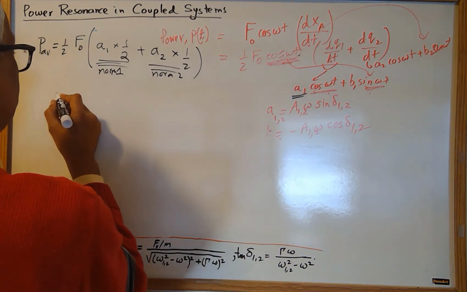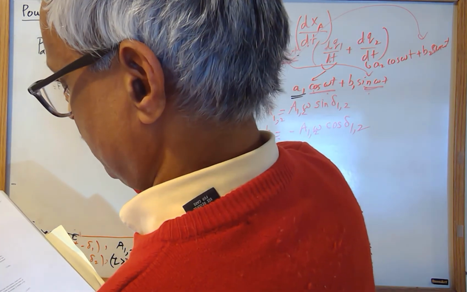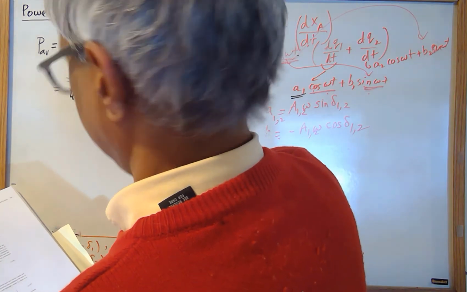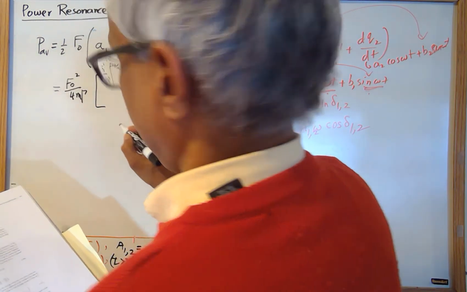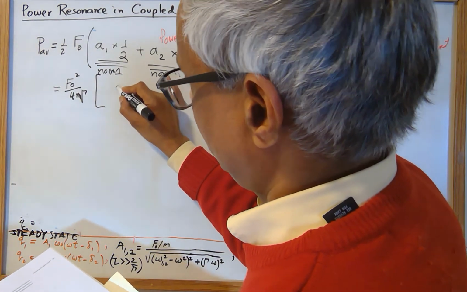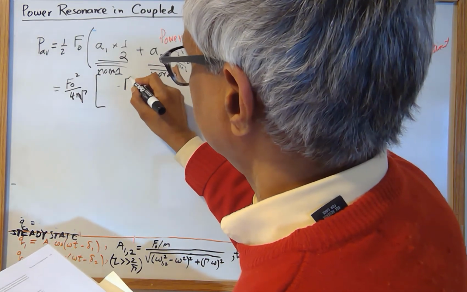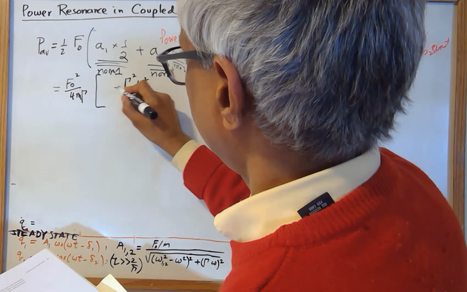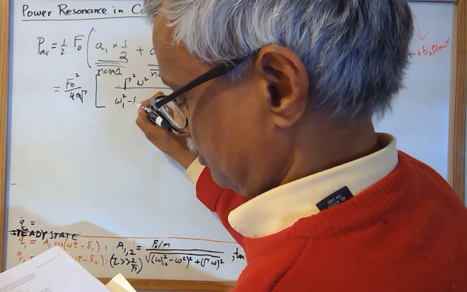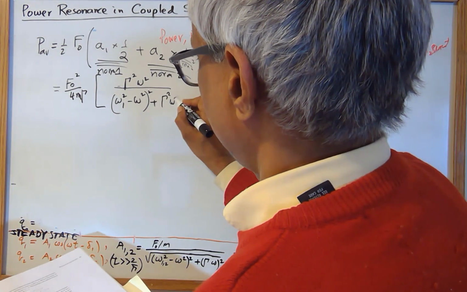It turns out f0 squared over 4m gamma, and so this will be, let's call it contribution 1, gamma squared omega squared over omega 1 squared minus omega squared, plus gamma squared omega squared.